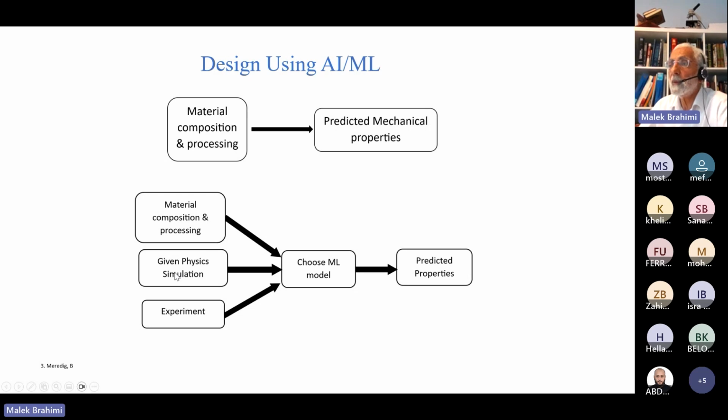And then we give it a physics simulation. In the physics simulation, we simulate the physics laws, for example Newton's laws 1, 2, 3, and all the equilibrium equations, all that stuff that we use in physics. Let's say you have external forces and you would like to calculate the reaction in that material.